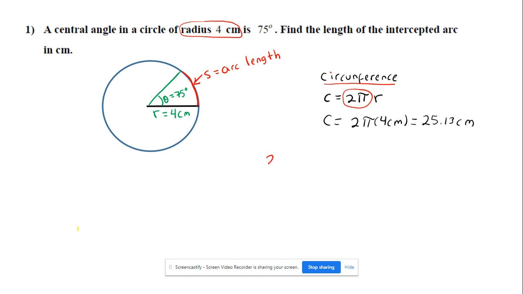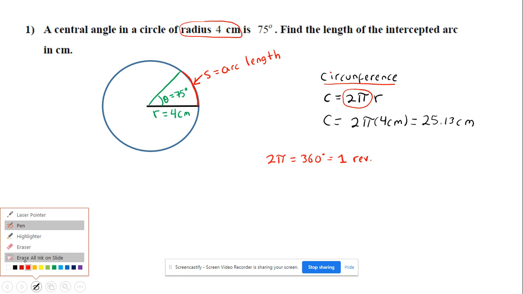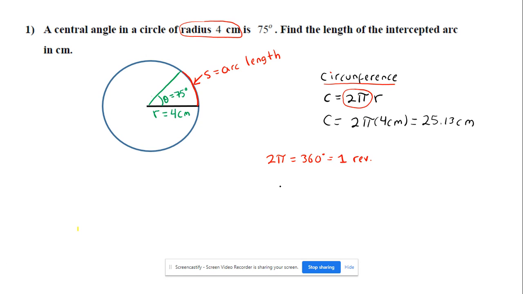So if I define that 2 pi equals 360 degrees or equals 1 revolution, I can write a new formula, which is going to be S equals R times angle. Well, S is the arc length, the fraction of the circumference.